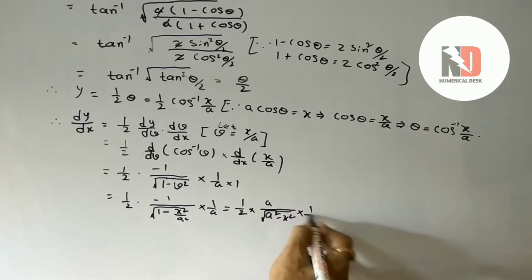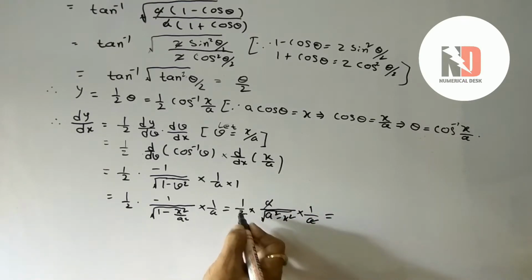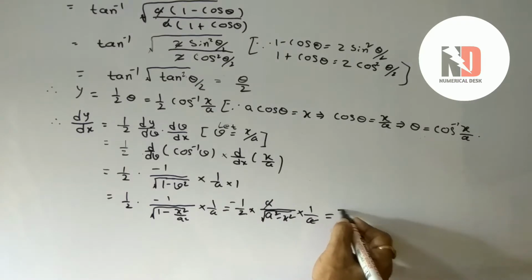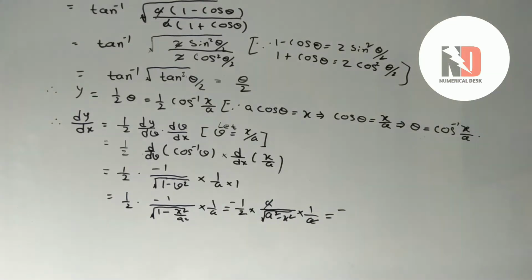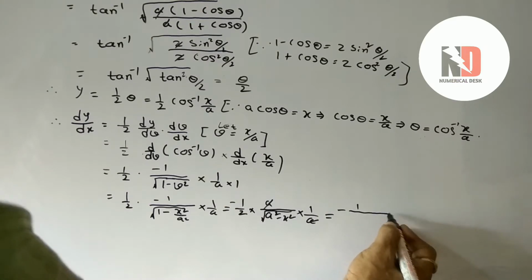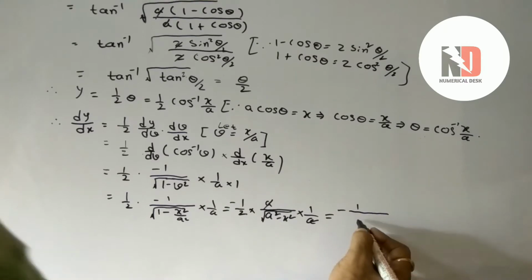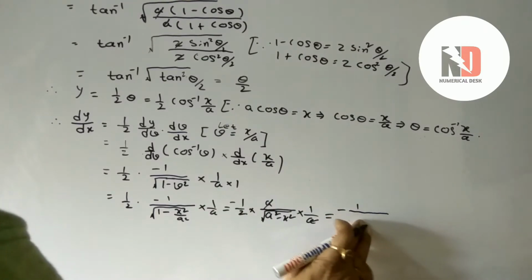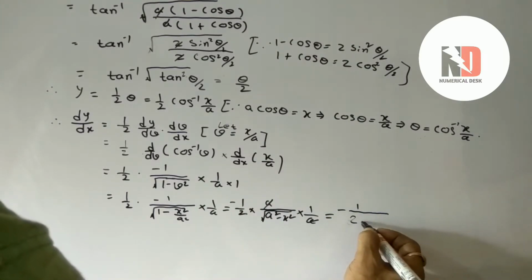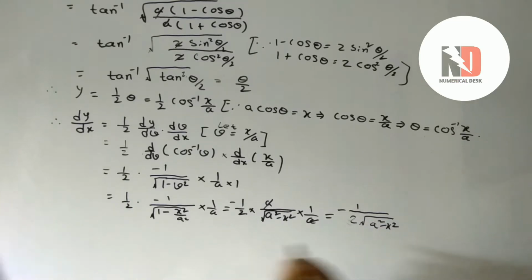So what is the answer? Let's follow. So it is minus 1 by 2 root over a square minus x square. So this is the answer.